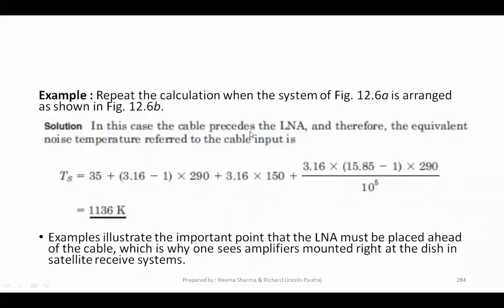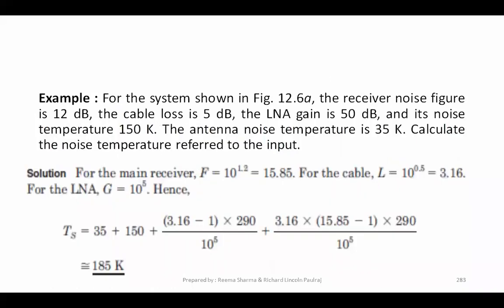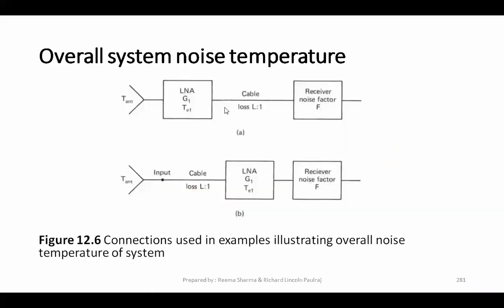In this case, the cable precedes the LNA, and therefore whatever loss is there is getting amplified. Here in A, the loss is after the amplification, but here the loss is before amplification, which means the loss is also getting amplified.